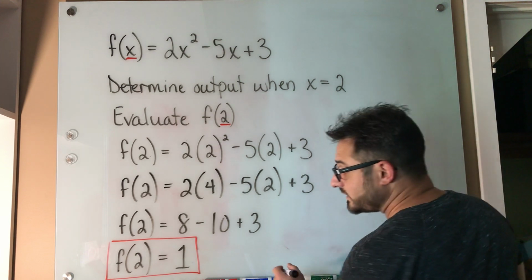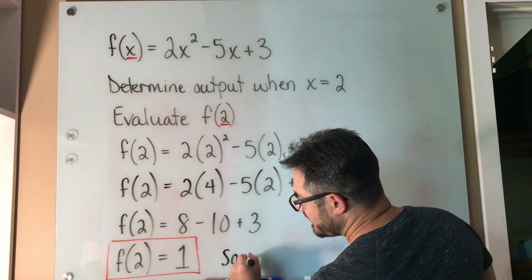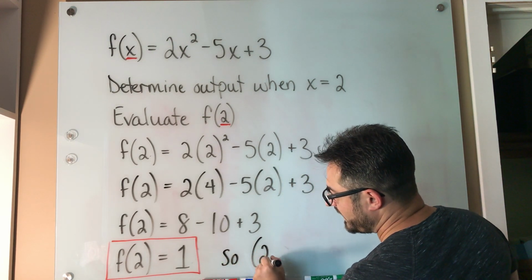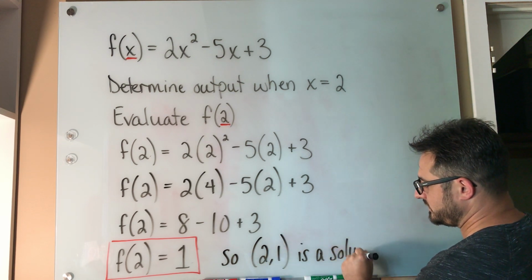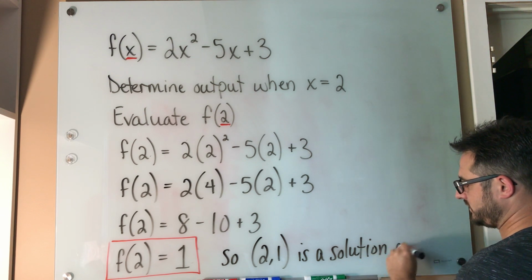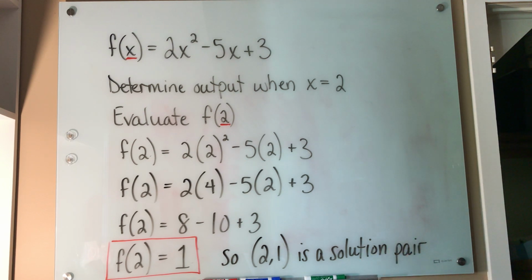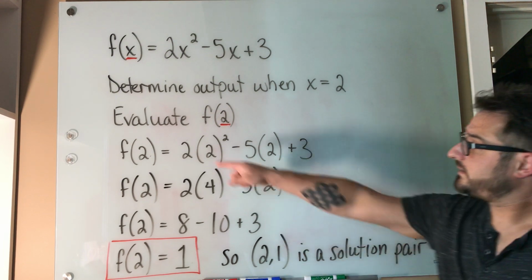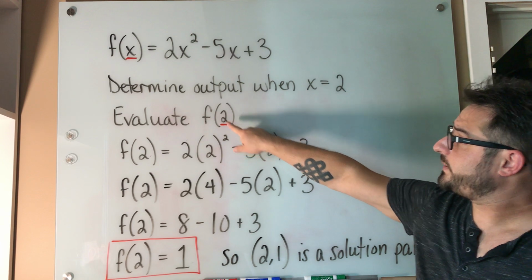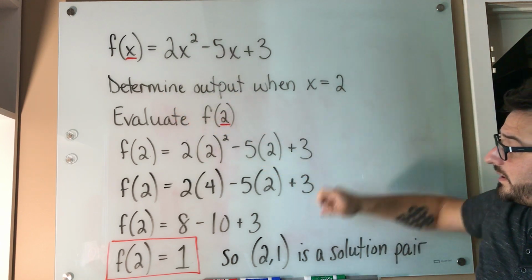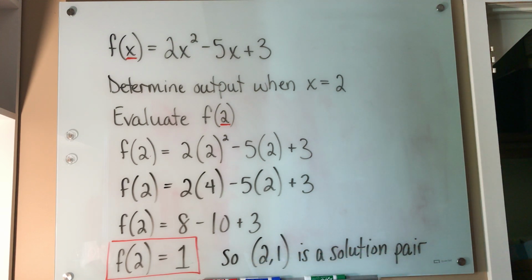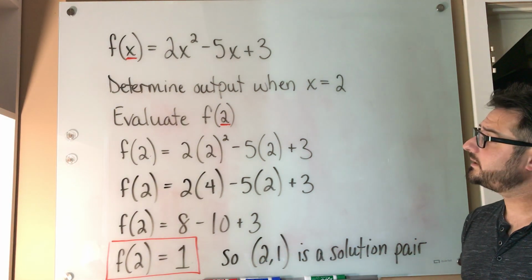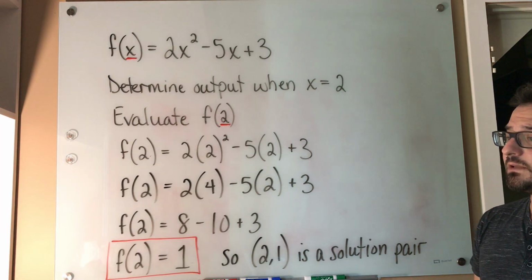So this here is telling us that the ordered pair 2, 1 is a solution pair to this function, to this equation. Function notation, between the phrase evaluate f of 2 being shorter than this instruction and f of 2 equals 1 being shorter than this phrase, gives us a more compact way to write the information that we're dealing with.